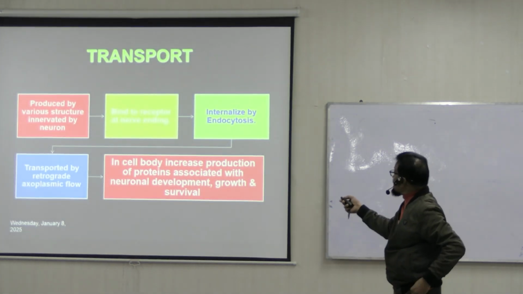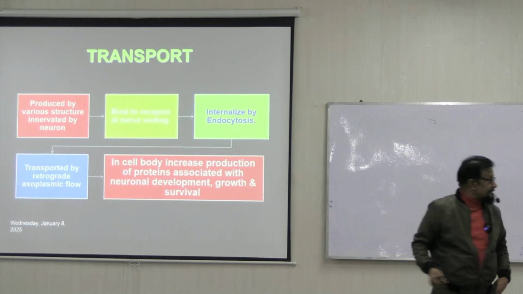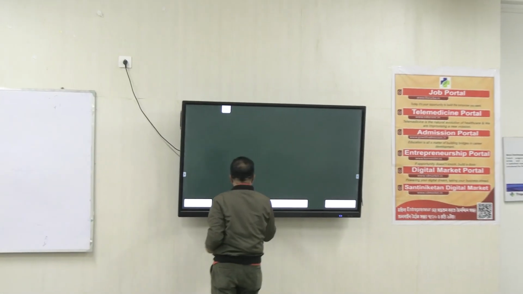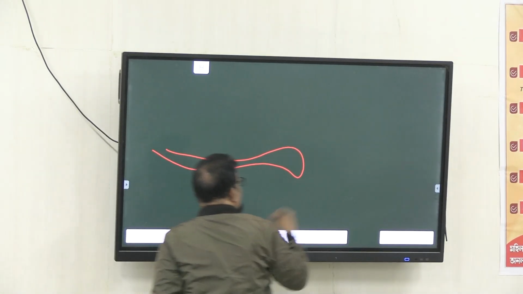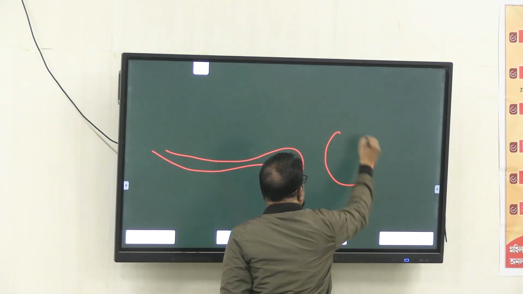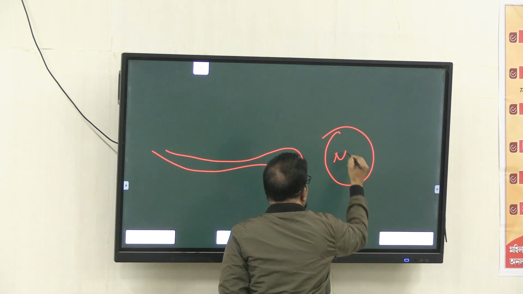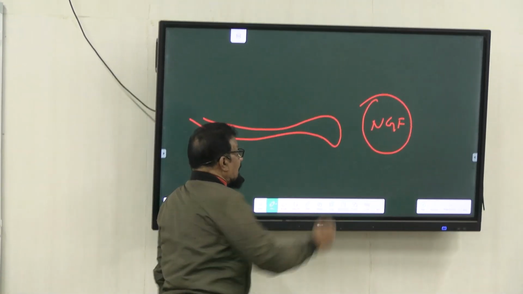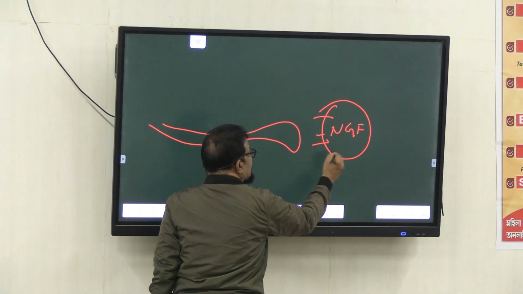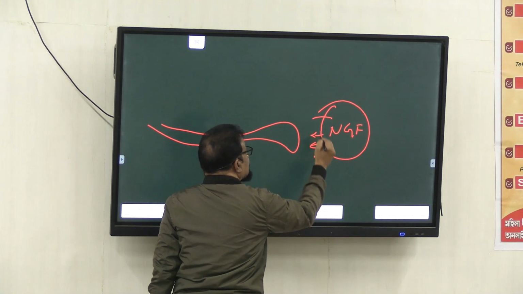They will bind to the receptor at nerve endings. This is the nerve ending, and suppose this is the cell from where NGF is produced. They are secreting it to the exterior.